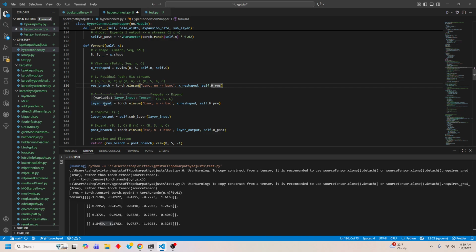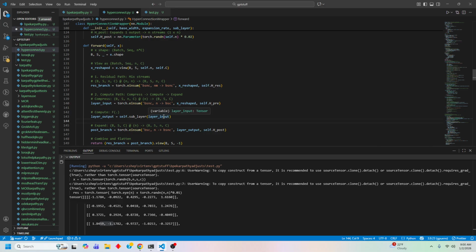The layer input is shrunk down to B, batch, sequence, and C, which is the base size, which we were saying was 16. So that's the input. The output takes the input and does the self.sublayer, which is the attention.